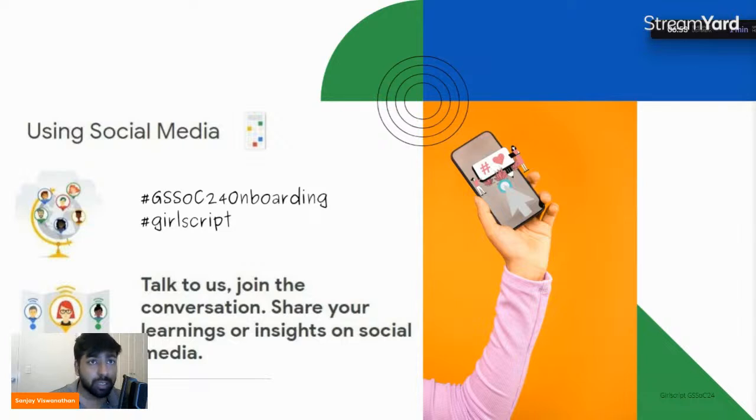You are one of the campus ambassadors and part of the Girl Script team, and you have to do personal branding. It's not for GSOC. GSOC is already well established, and we have 120K people on LinkedIn and a huge community out there. It's all about you.